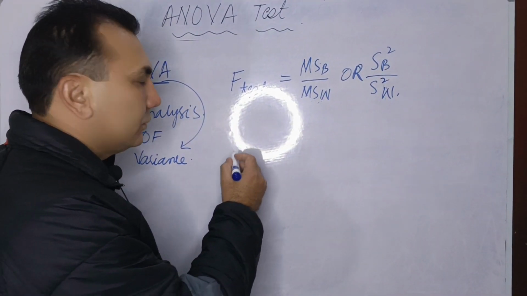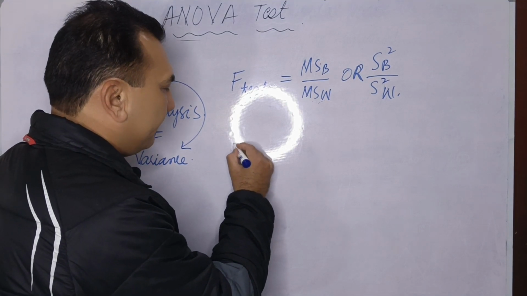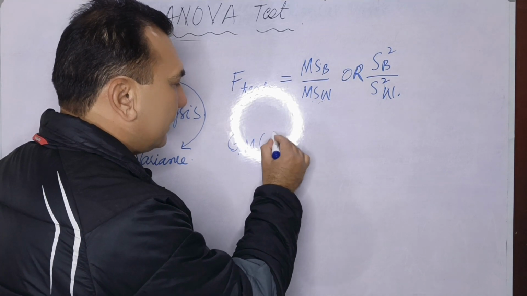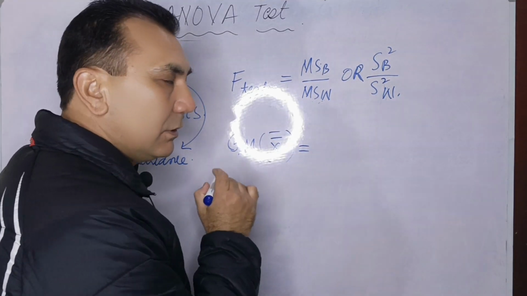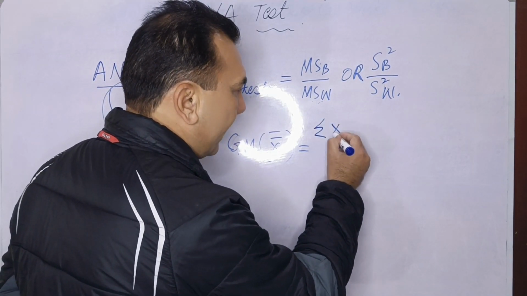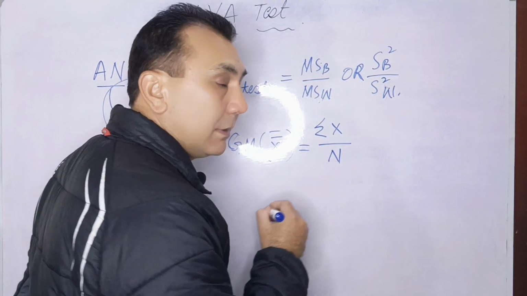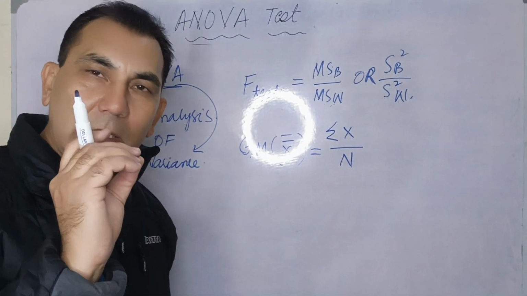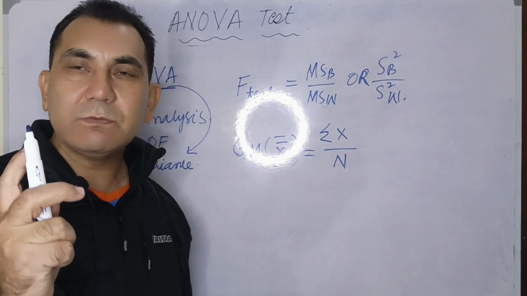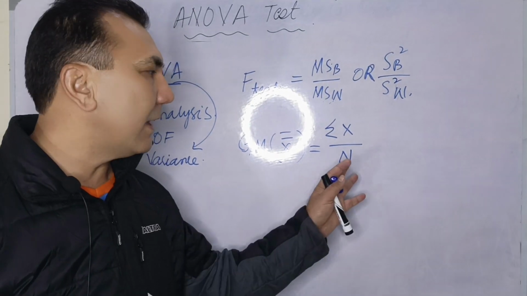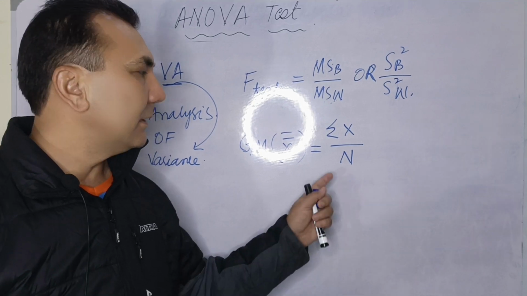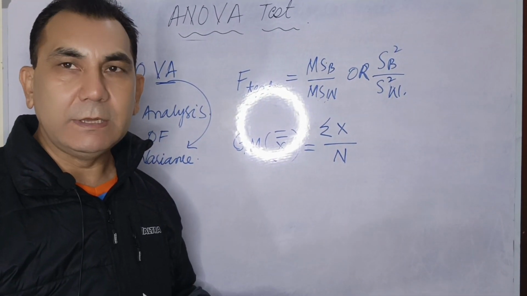First of all, we measure the grand mean, x double bar, which is the sum of x divided by the total number. We sum up each value in all three samples and divide by the total number in the three groups. Then we come up with the grand mean.